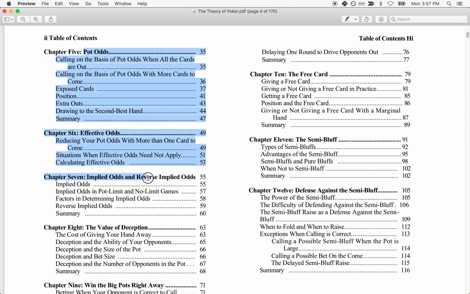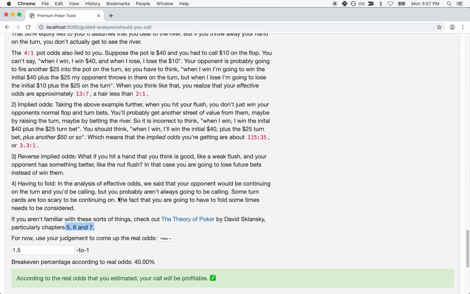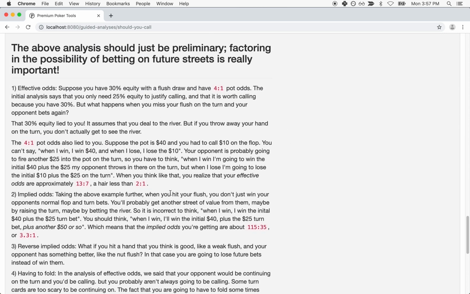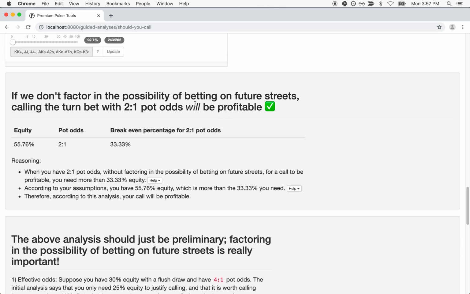These chapters will help you understand the concepts where we have to factor in the future street. This section is telling you whether it's profitable once you factor in the future street, and this section is just a more preliminary conclusion based on the pot odds.